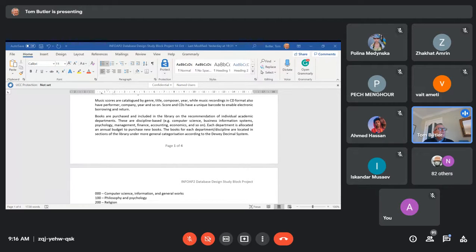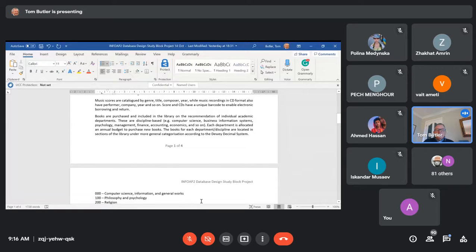It may not be required because of when you consider it's categorized according to the Dewey Decimal System, right?